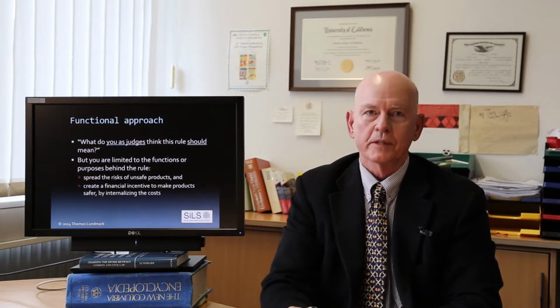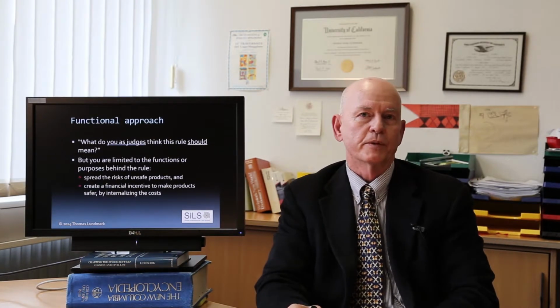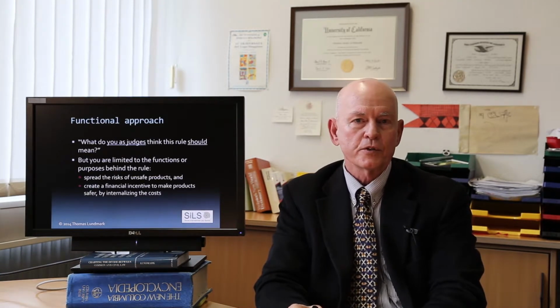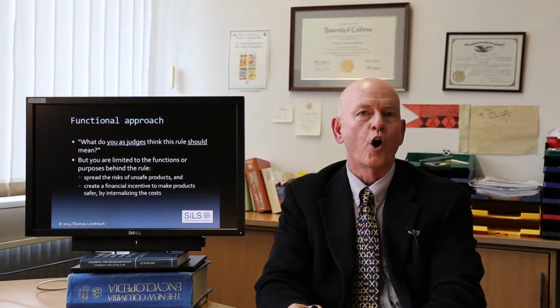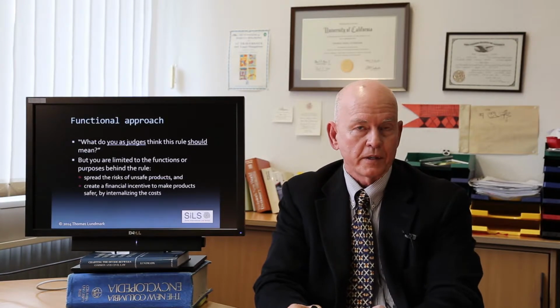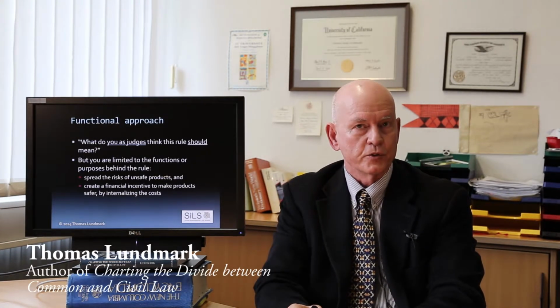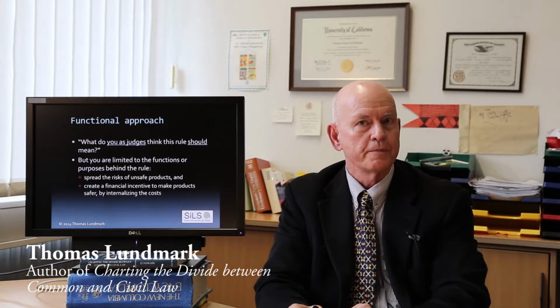Now for product liability, strict liability for products, most people define two policies behind the rule. The first is to spread the risks of unsafe products to all the consumers of the product, so that not only Camillus should pay for the injuries, but the other users or buyers of hamsters from David should also pay.